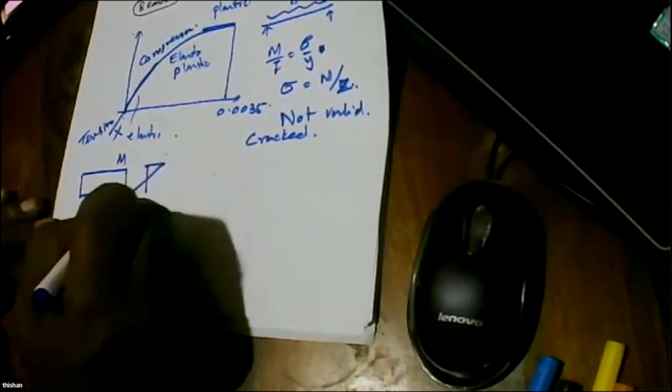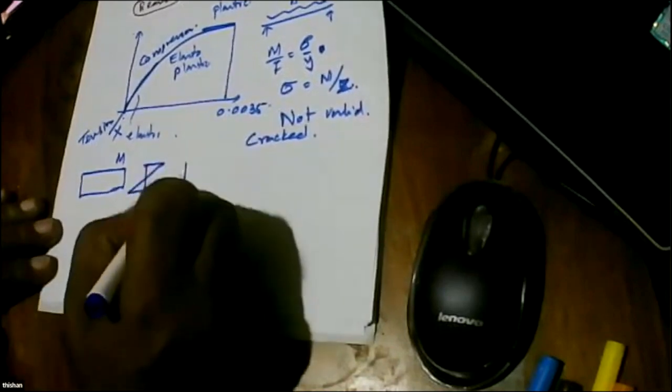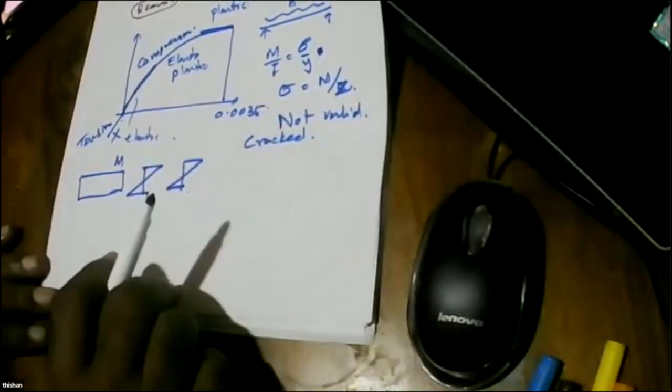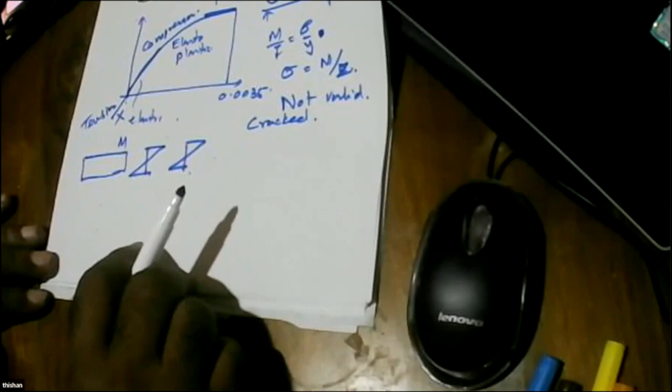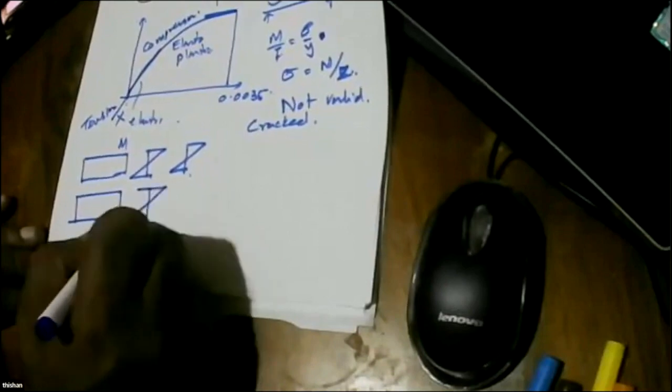So it means if a steel beam is subjected to a bending moment, you get a stress distribution like this. Strain distribution is also the same. But in reinforced concrete, you find the strain distribution is still the same.